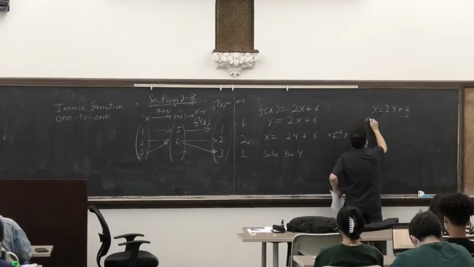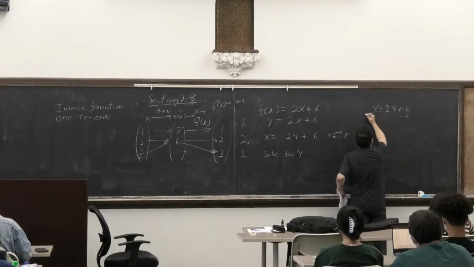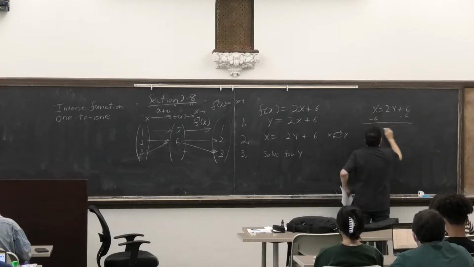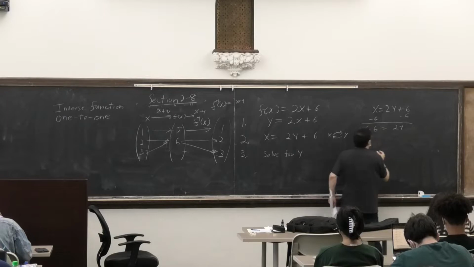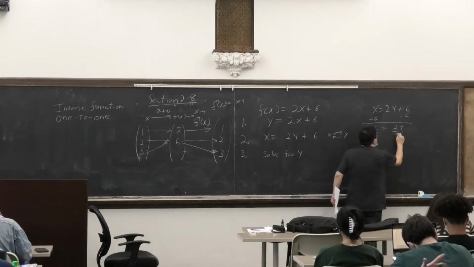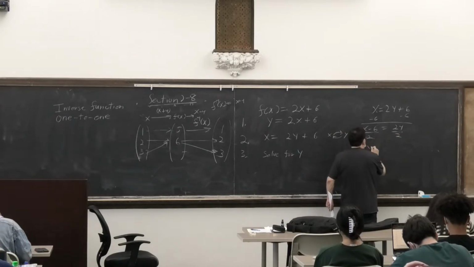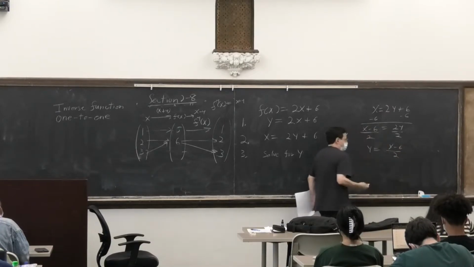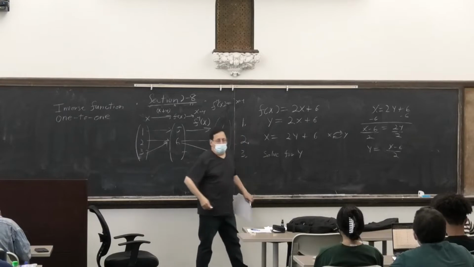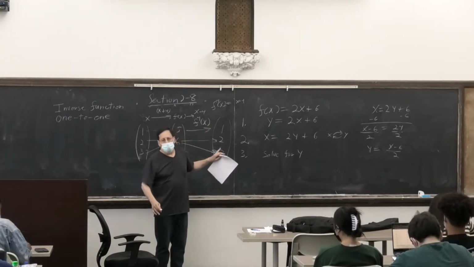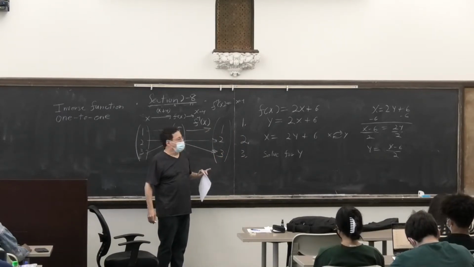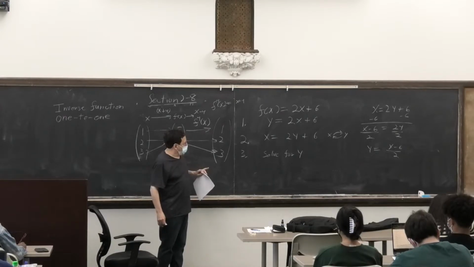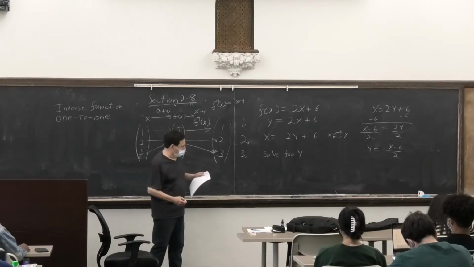Subtract 6 from both sides. And then if we just divide by 2, we're going to get y equals x minus 6 over 2. Now this is an easy example. It's not always quite so easy. Sometimes we have to work a little harder.